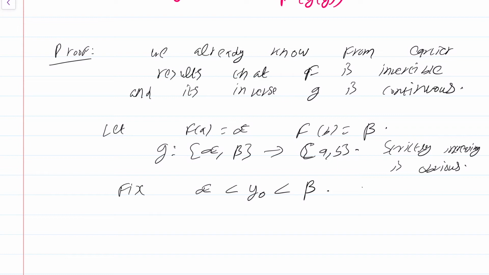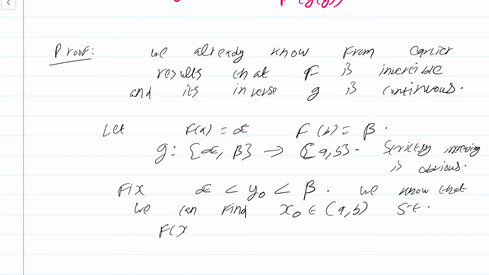We know that we can find x naught in open (a, b) such that f of x naught is equal to y naught. In fact this point is unique because the function f will be strictly increasing because the derivative is greater than 0 everywhere.